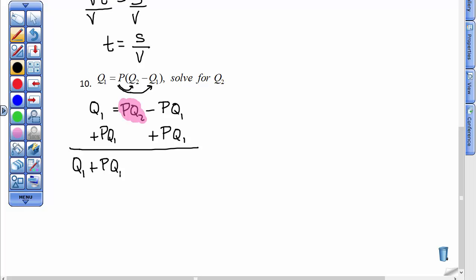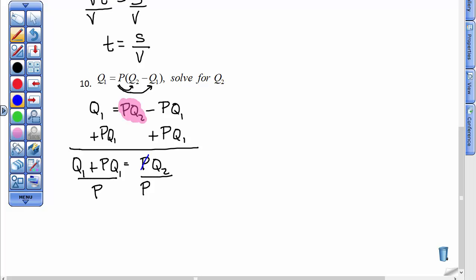It's not important with addition, but with subtraction it's important. It's always this one plus this one. If this was a minus sign, it'd be this minus that, because subtraction must be written in the proper order. The right side is P, Q sub 2, and I want to get Q sub 2 alone now. So to get rid of this P, I have to divide both sides by P. And I'm all done.